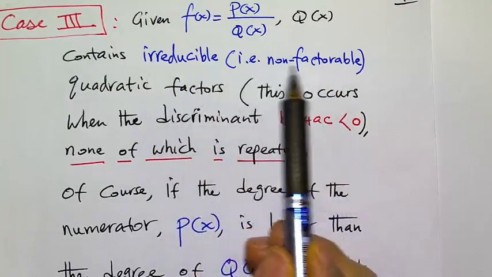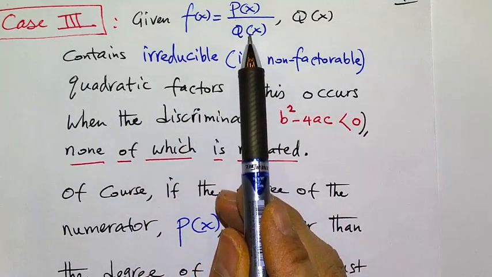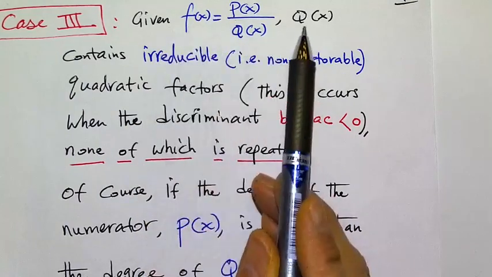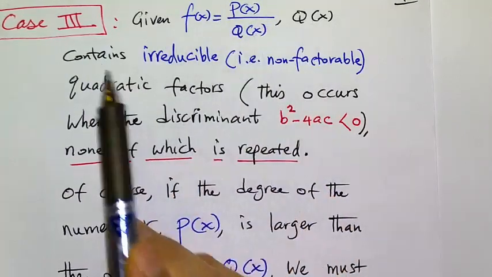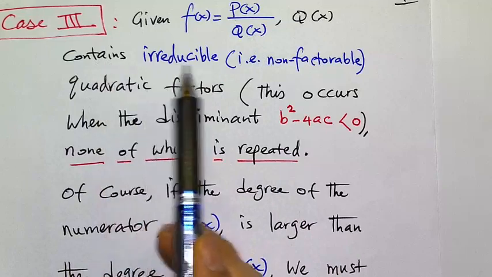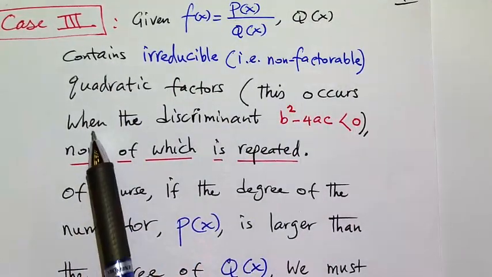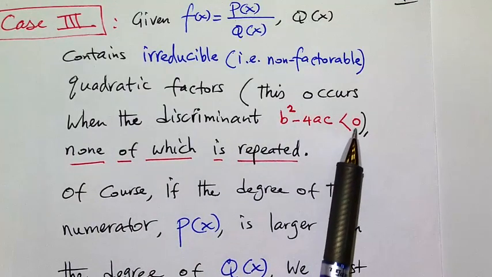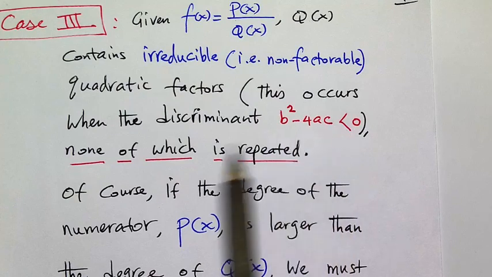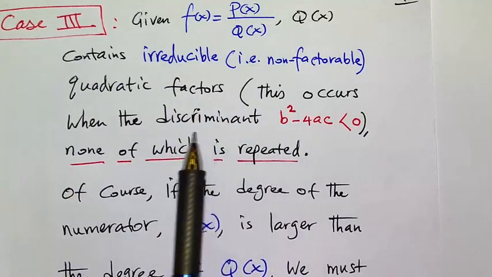Irreducible means non-factorable quadratic factors in the denominator. Read this carefully. Given this rational function, if the denominator contains irreducible or non-factorable quadratic factors, this occurs when the discriminant is negative.